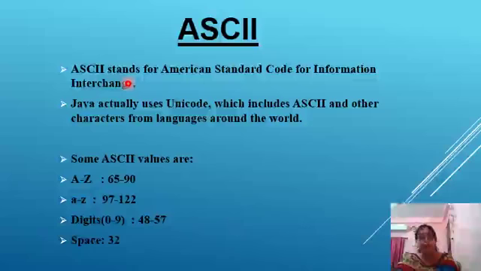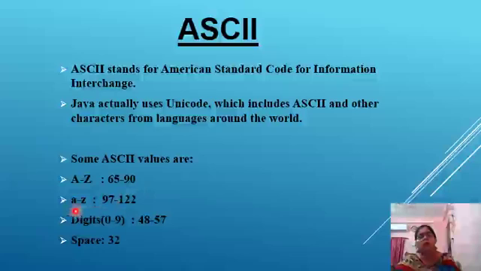In the Java character set, ASCII code has some values to it. Capital A to Z has a value of 65 to 90. It means A has a value of 65, B has a value of 66, and C has a value of 67. Like that it goes on. Z has a value of 90.